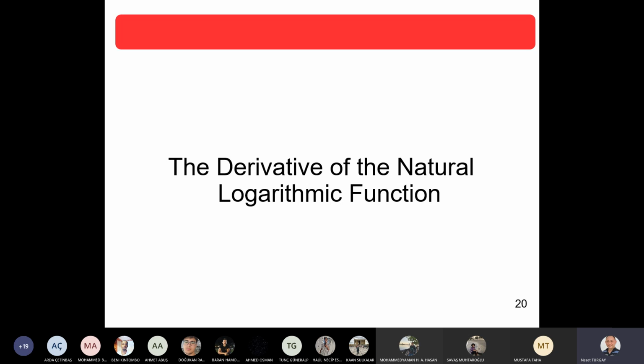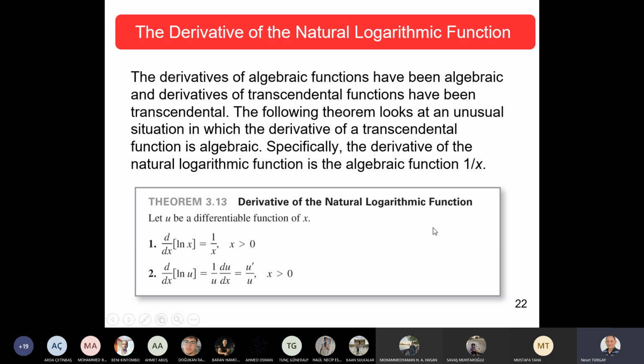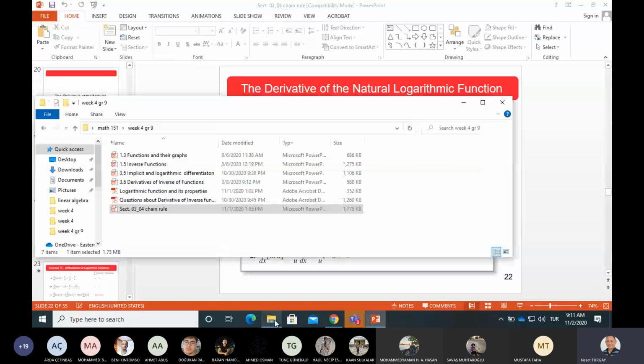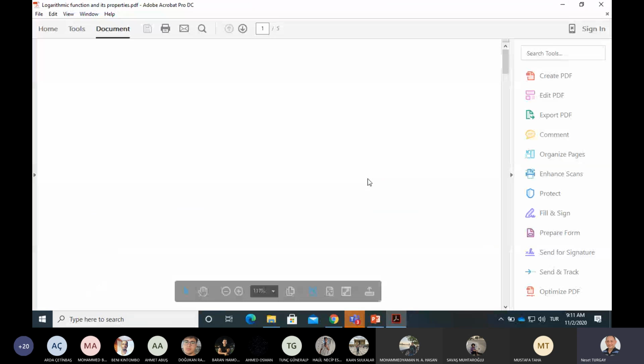Derivative of natural logarithmic functions. We will come to this point, but I need to tell some information about logarithmic functions. Now we will see this ln and so on, but we have some properties. So I want to tell you about this.